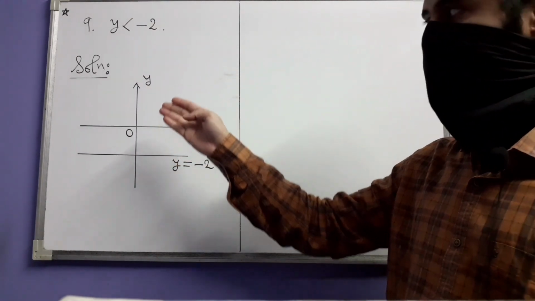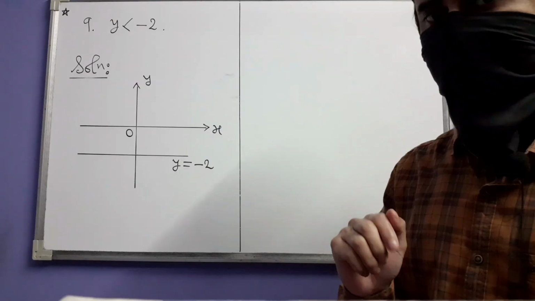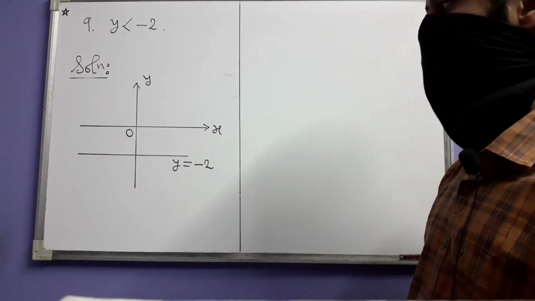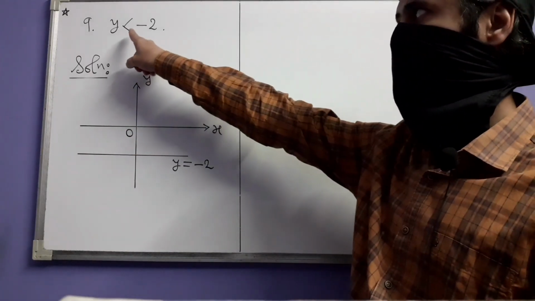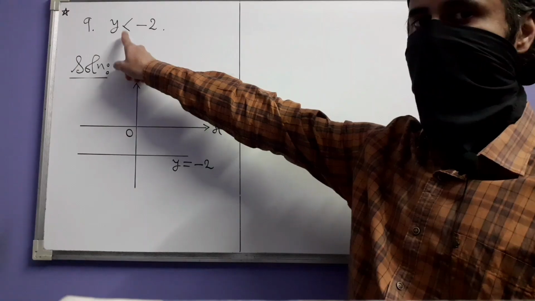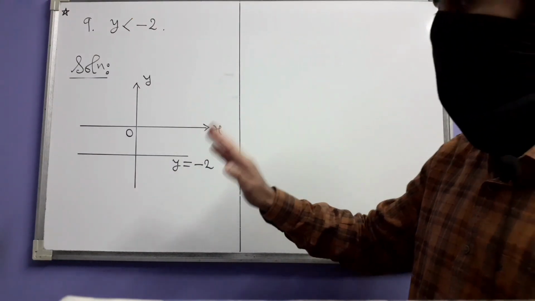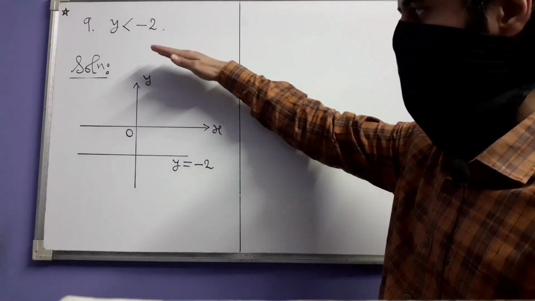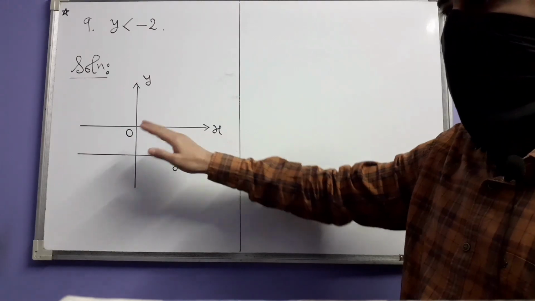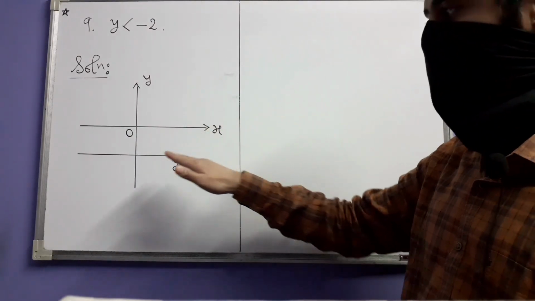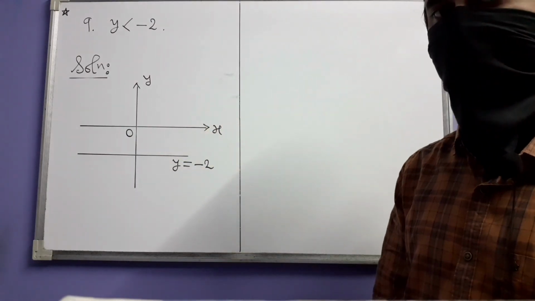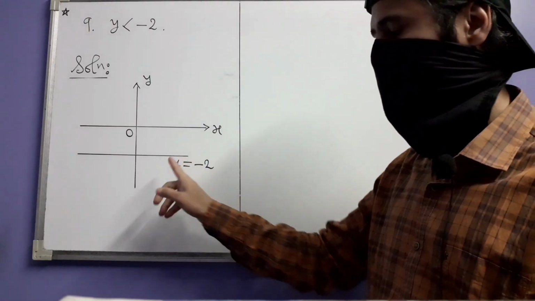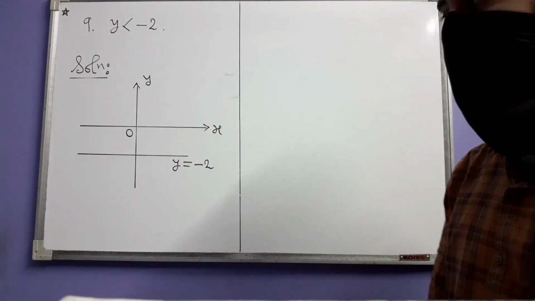There is no place for you to substitute x equal to 0, so you just substitute y equal to 0. Is the inequality satisfied? No, 0 is not less than minus 2. So the upper half plane which contains the origin is not the solution. So it should be the lower half plane. And also the points on the line are not included.